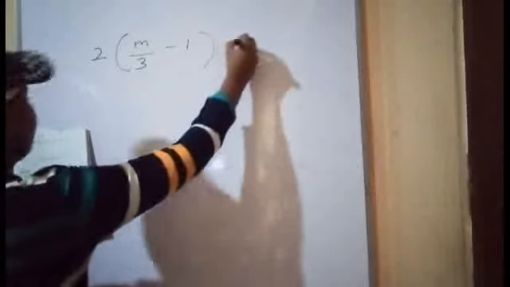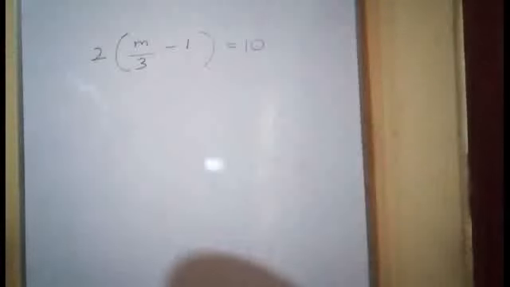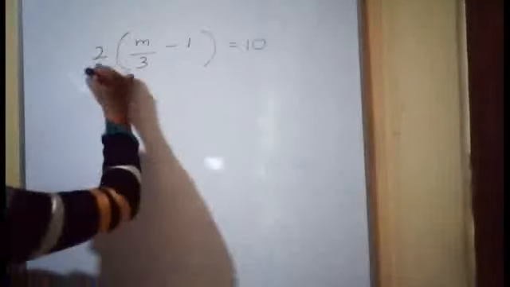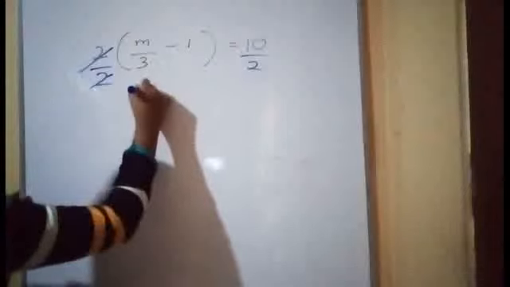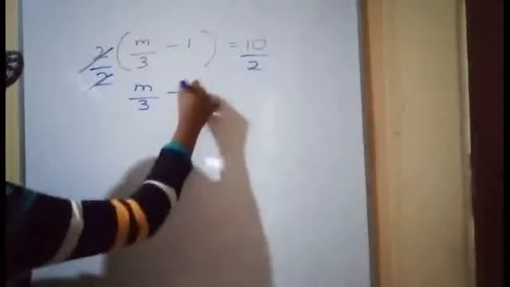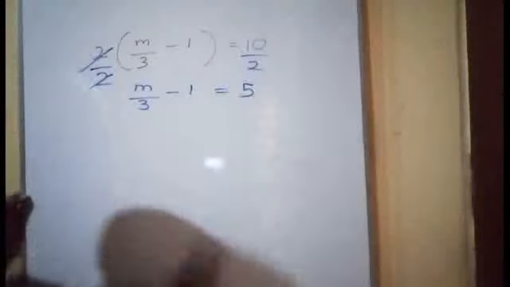Let's solve that. 2 times (m divided by 3 plus 1) equals 10. Now is this easy or not? Let's look here. So divide both sides by 2. Now we have m divided by 3 plus 1 equals 5.